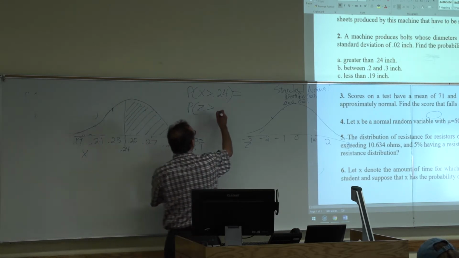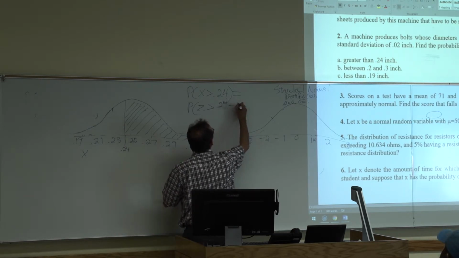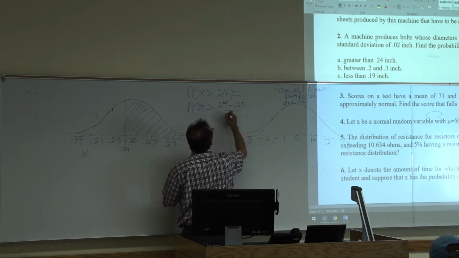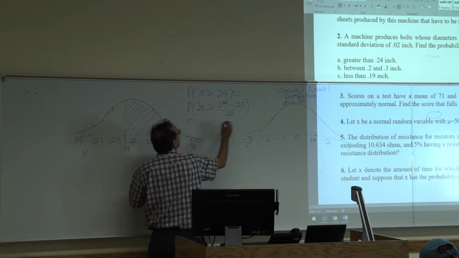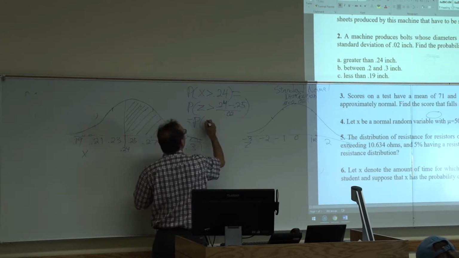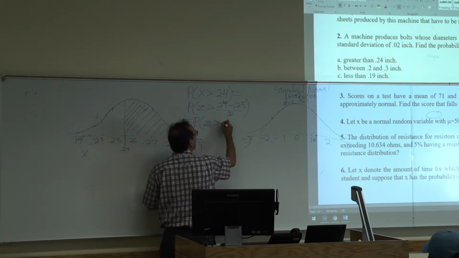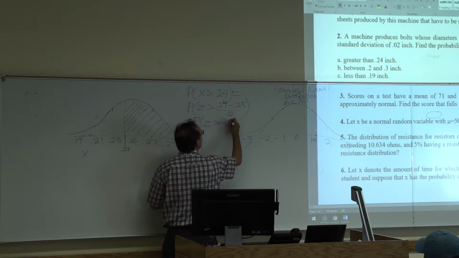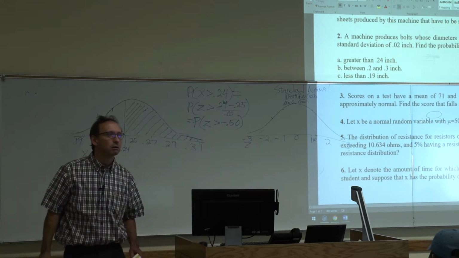You take 0.24 minus 0.25, divided by your 0.02. So if you do that, the probability that z is greater than what? So negative 0.50? Is that okay?